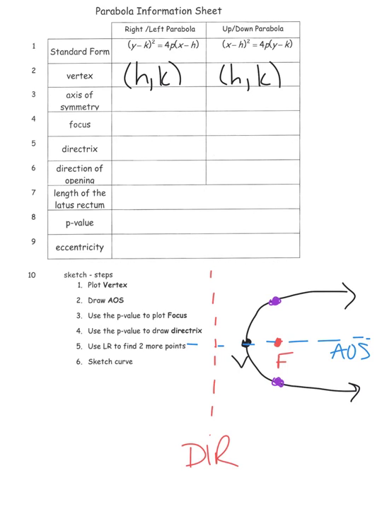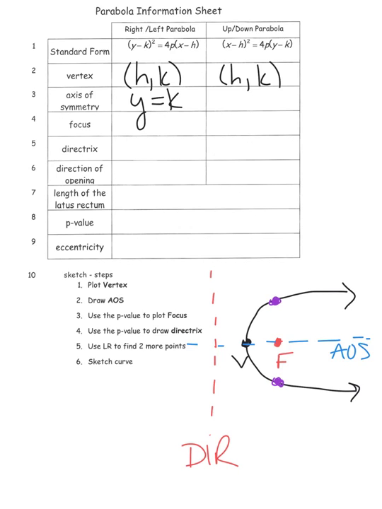So the equation for the axis of symmetry, if it's a right or a left facing parabola, is y equals k. And it's a y equals line because it is a horizontal line. So it's just straight across, so it's going to be like y equals 2 or y equals 3 or y equals -5 or something like that.